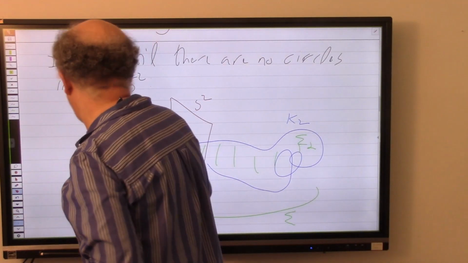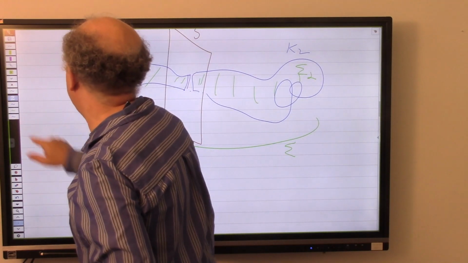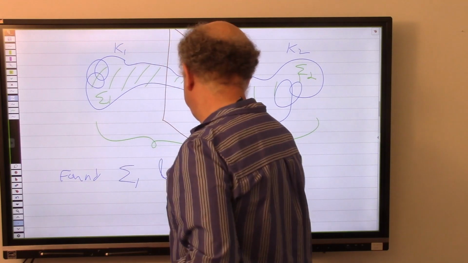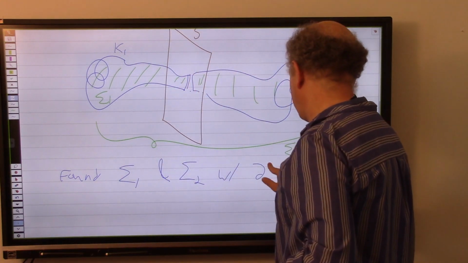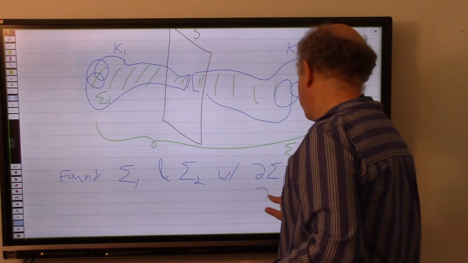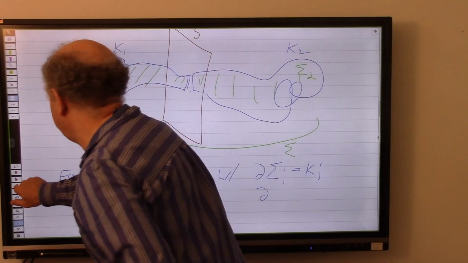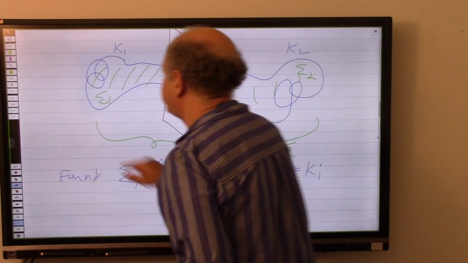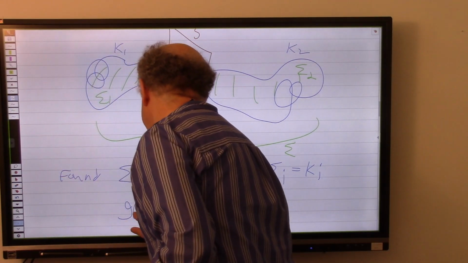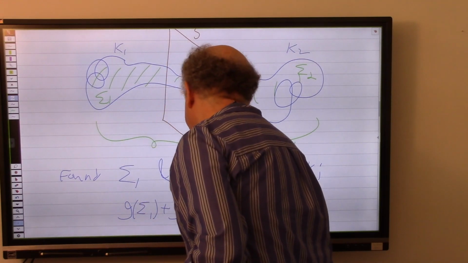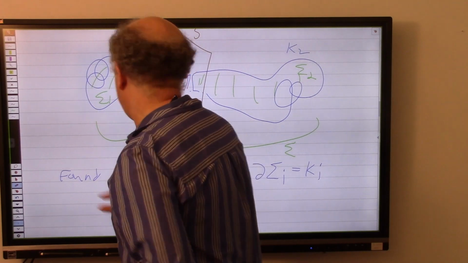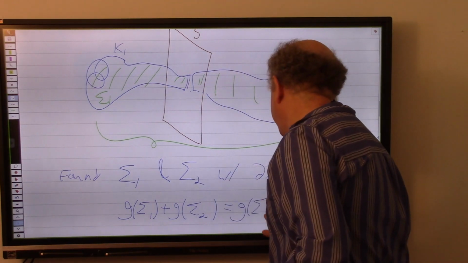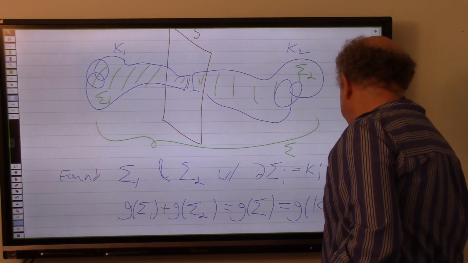So we found sigma 1 and sigma 2 with the boundary of sigma i equal to k i, and with the genus of sigma 1 plus the genus of sigma 2 equal to the genus of sigma, which was equal to the genus of k1 plus k2.